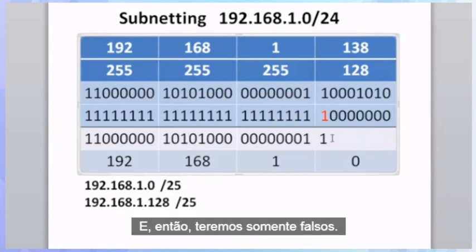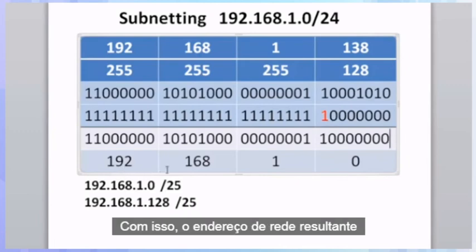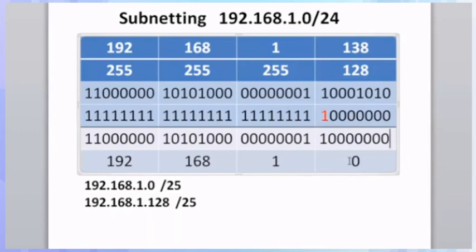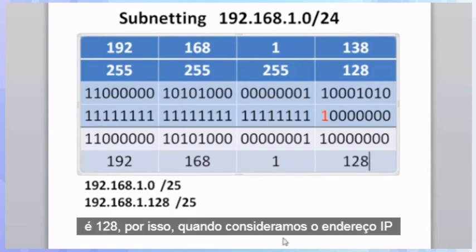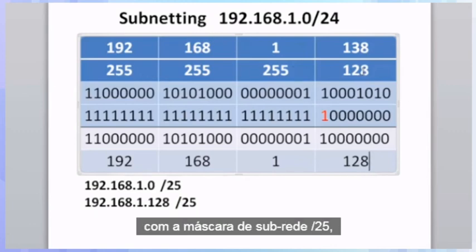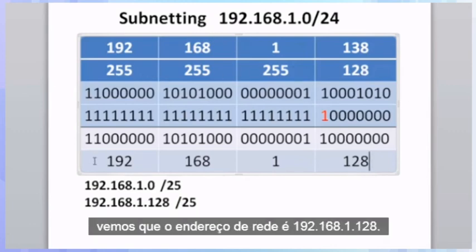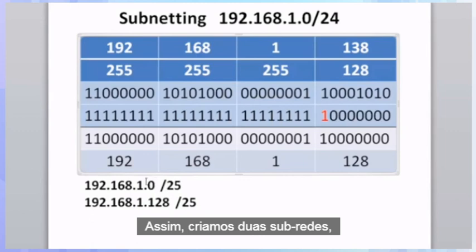And then we have falses all the way. And now the resulting network address is 128. So when we take the IP address with the /25 subnet mask, we see that the network address is 192.168.1.128.